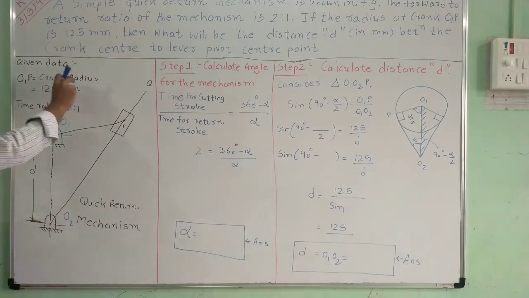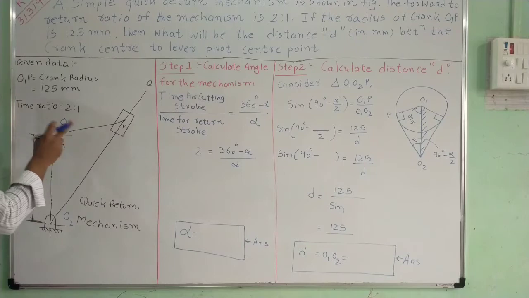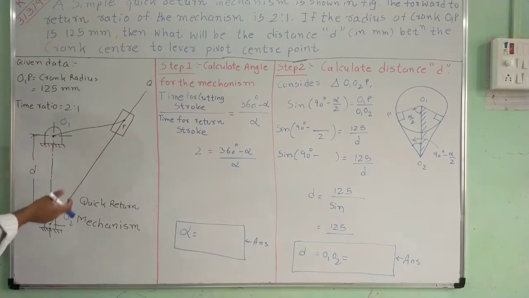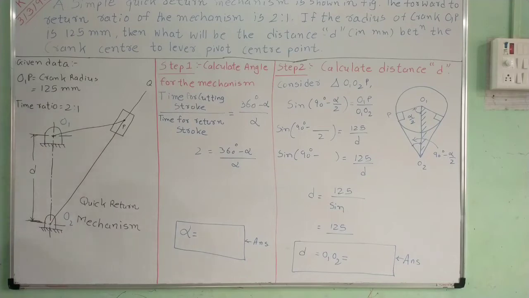O1P crank radius is 125 mm, and the ratio of the time for the forward or cutting stroke to the return stroke is 2:1. Now we have to find the distance d, from the center of oscillation to the center of crank rotation. This is what we have to find.